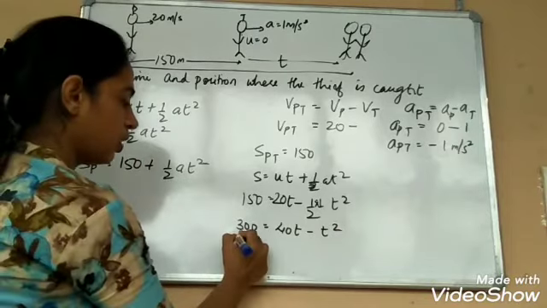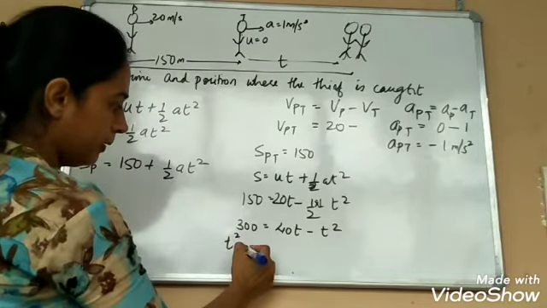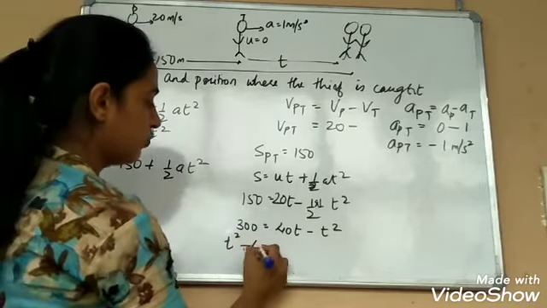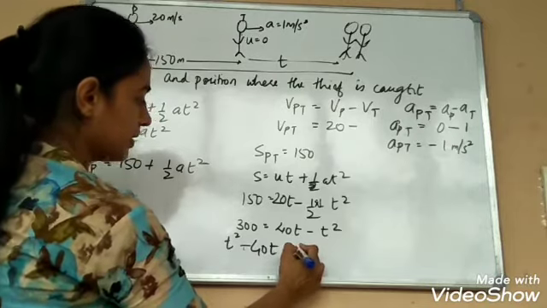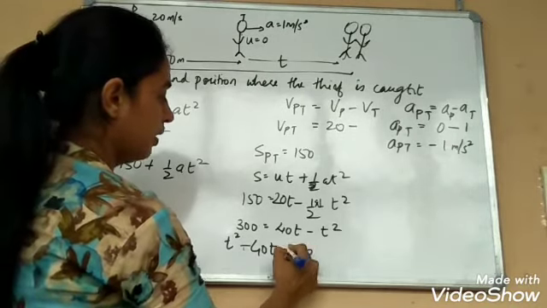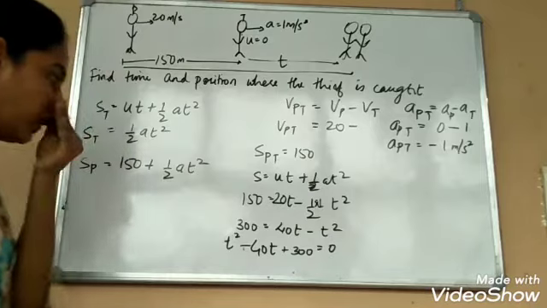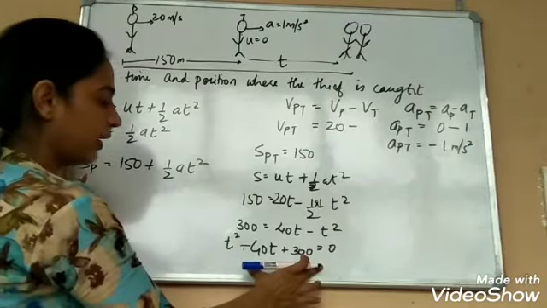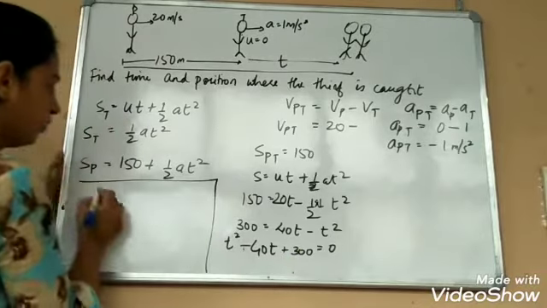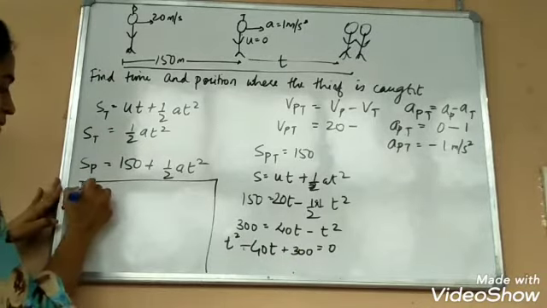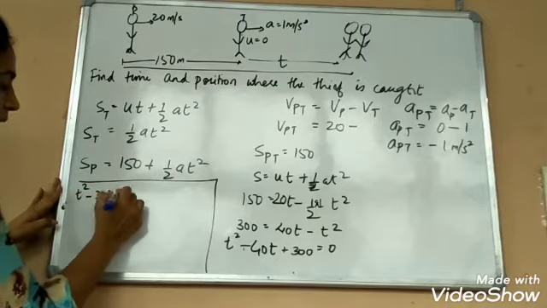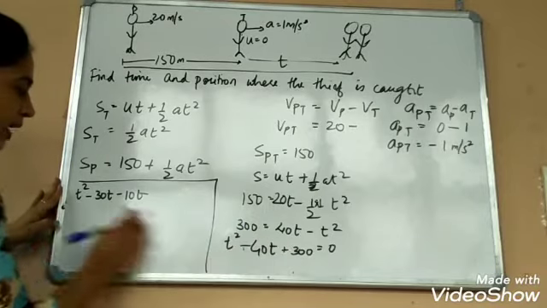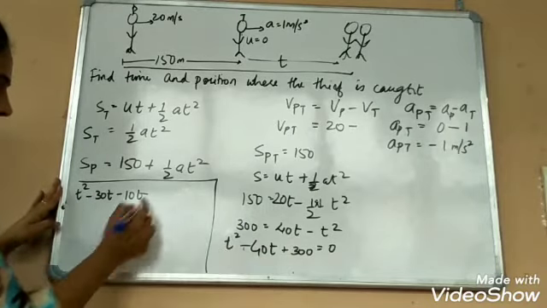Right, so you can solve this: t square minus 40t plus 300 equals 0. We change the sign and bring it to the other side. So this is a quadratic equation. If we try to solve it, t square minus 30t minus 10t, since 30 into 10 will be 300 and minus 30 minus 10 will be minus 40.